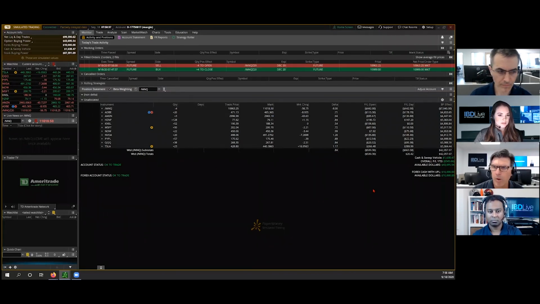So at this point, let's say the market is crashing, you'd be looking at how your liquidity, your account value is changing as the market changes.